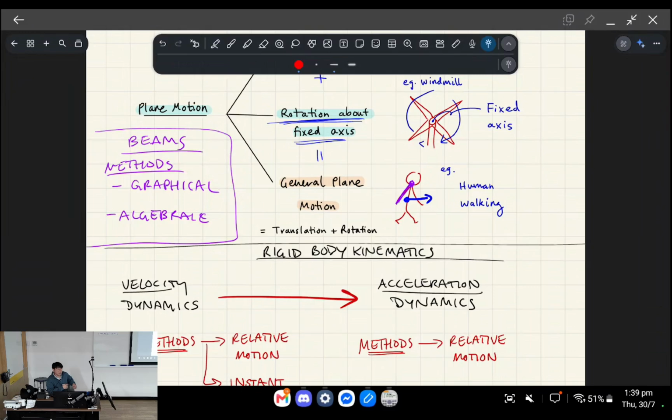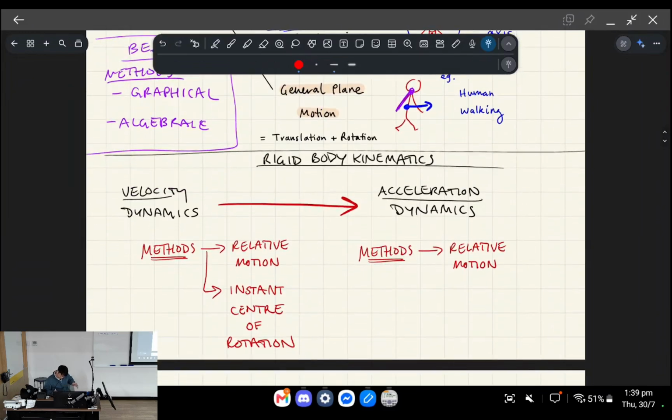For velocity dynamics, relative motion is actually the harder one to understand, but it's the one I want to teach you first. To do the instant center of rotation method, which is easier and faster, you need to understand where everything comes from, and relative motion is where everything actually comes from. So I'm going to teach you this one first.